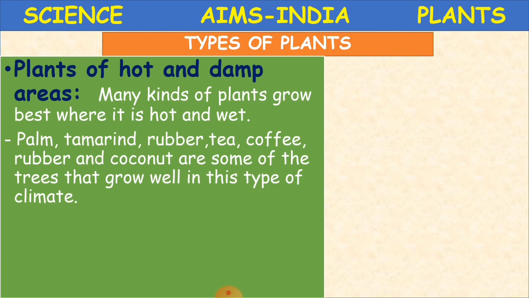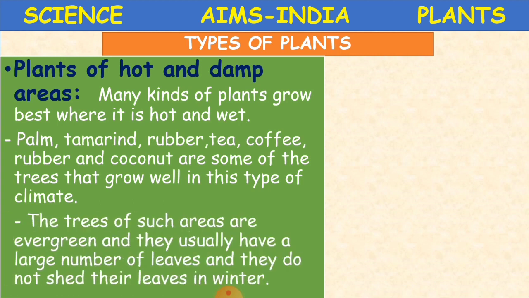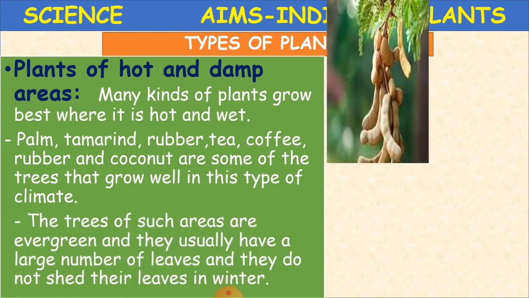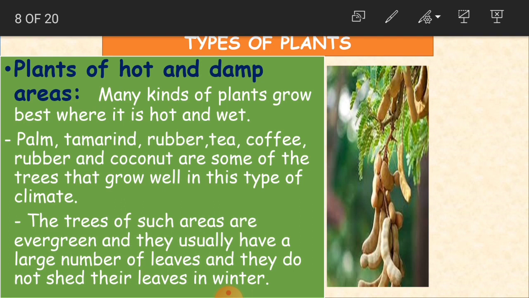These plants prefer a climate which is hot and wet, and they grow well in it. The trees of such areas are evergreen and usually have a large number of leaves, and they do not shed their leaves in winter.